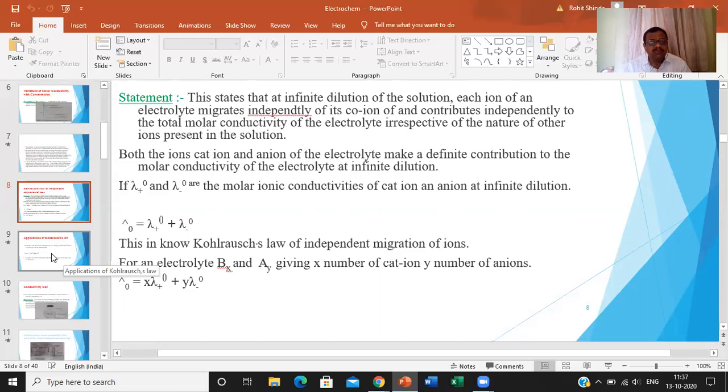Then according to Kohlrausch's law, the molar conductivity is equal to X lambda plus plus Y lambda minus. This means X number of cations plus Y number of anions.